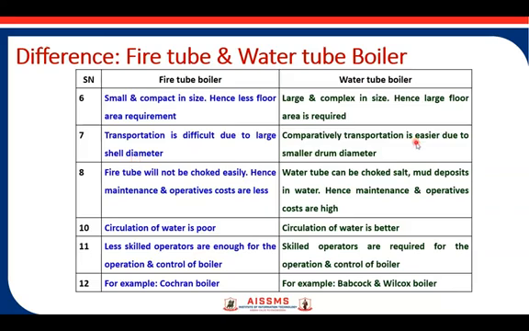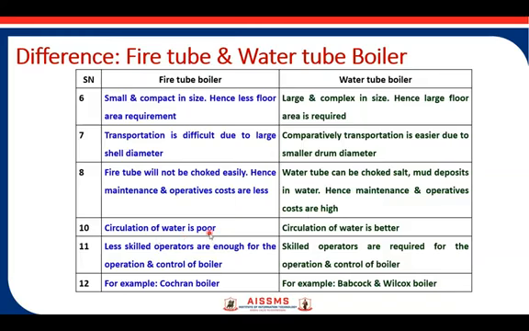Comparatively, water tube boilers are easier for transportation because of the smaller diameter. Fire tubes will not be choked easily, hence maintenance and operative cost is less, whereas water tube boilers can be choked because of salt or mud deposited inside the tubes. Hence it requires more maintenance and operative cost is also on the higher side.